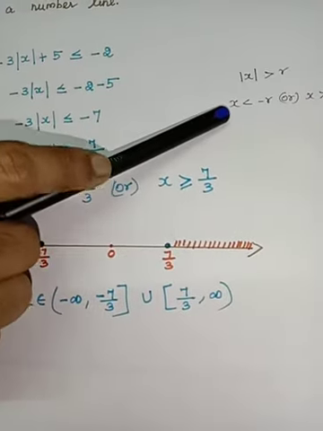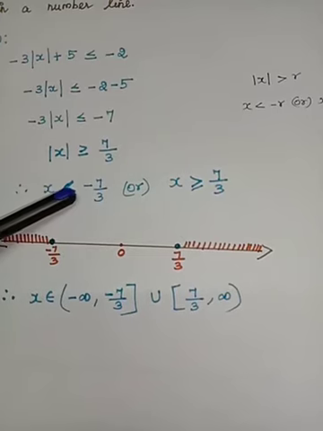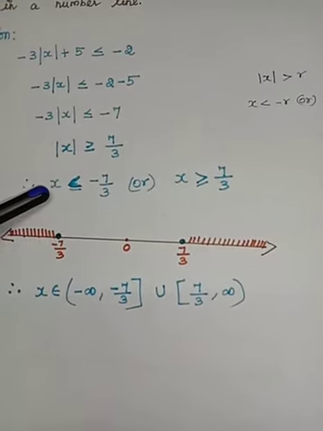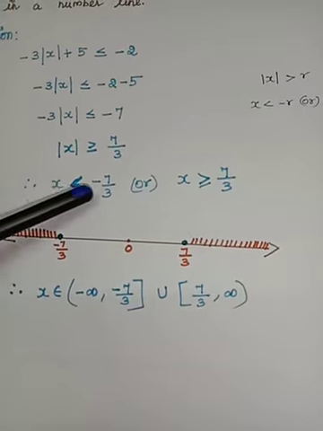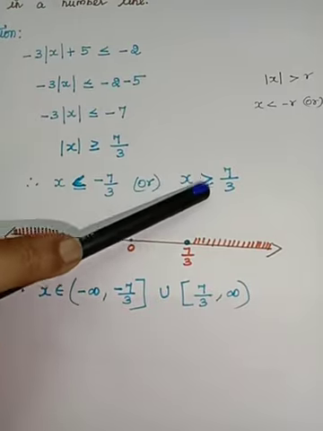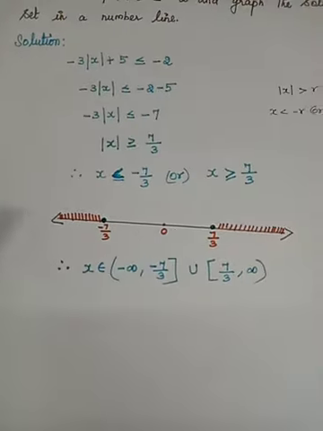So when you apply this, x less than, why have we written equal to? Here you are having equal to, so that's why we have written. So x less than or equal to minus 7 by 3 or x greater than or equal to 7 by 3. So we have to mark the solution on a number line.